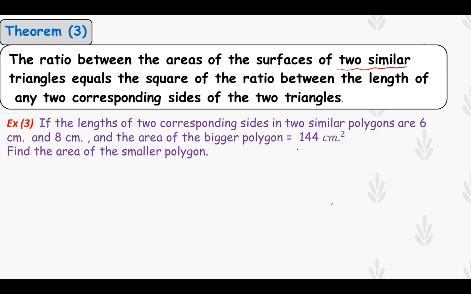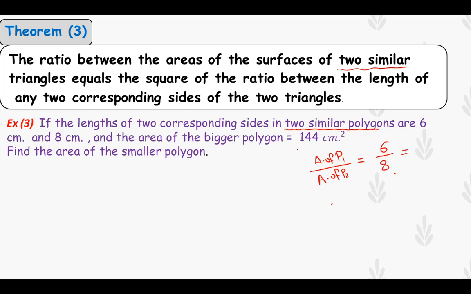Here we have two similar polygons. So the ratio between the area of polygon 1 over the area of polygon 2 is equal to the ratio between two corresponding sides, squared, and the corresponding sides are 6 over 8.